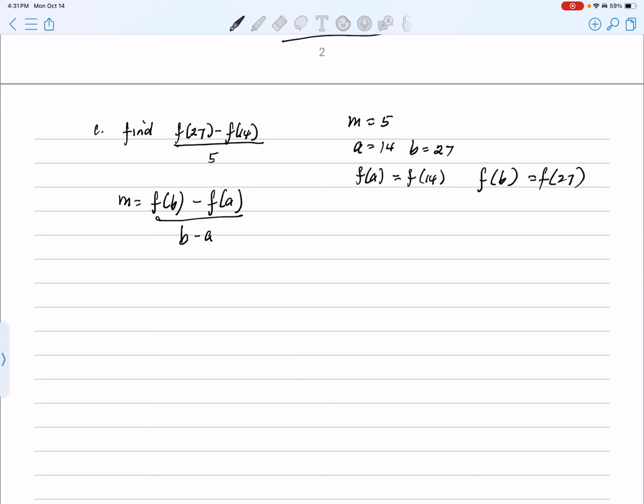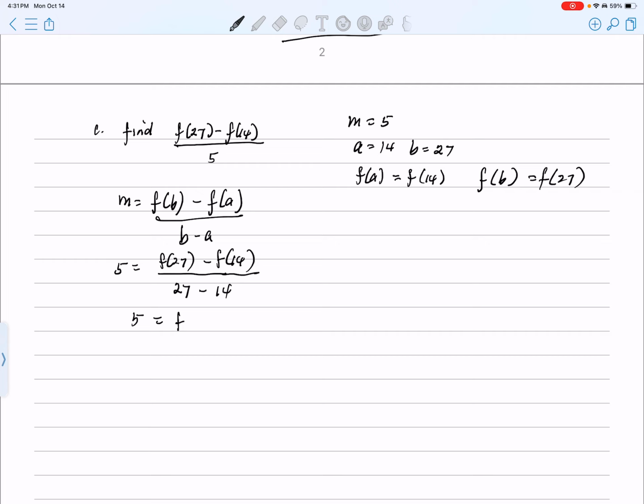If there is a certain given function and interval, then we can use this formula right here. So our slope is 5. Let's substitute. f of b is f of 27 minus f of 14 over 27, which is the b, minus 14, which is a.